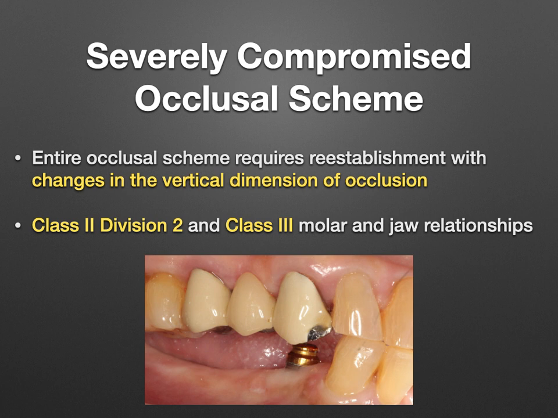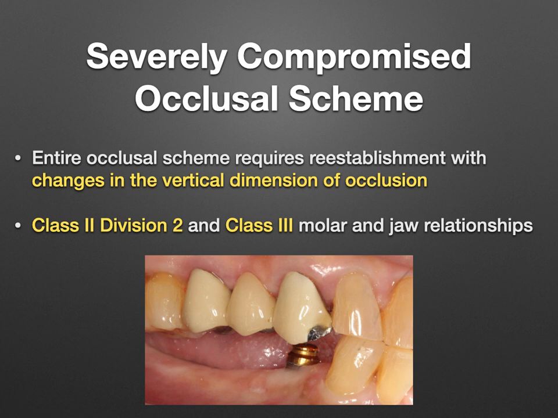If this occlusal scheme needs to be changed and eventually you need to change the vertical dimension, then these cases will be considered severe compromise. Because we do know that if we change the vertical dimension, it will not just involve the tooth. It will involve the muscle and the temporomandibular joint issue.